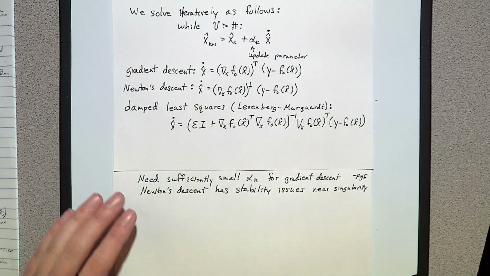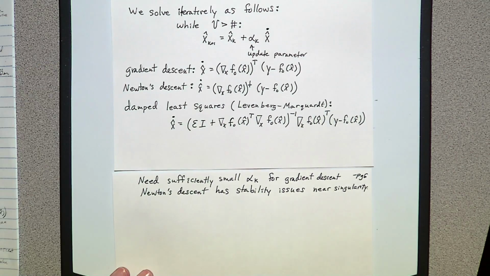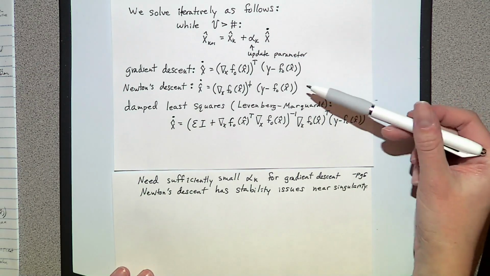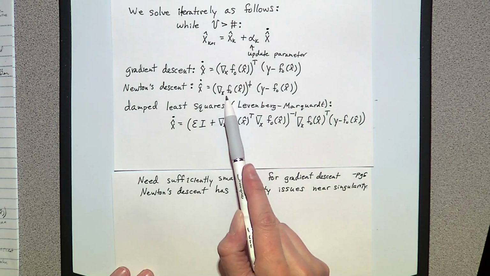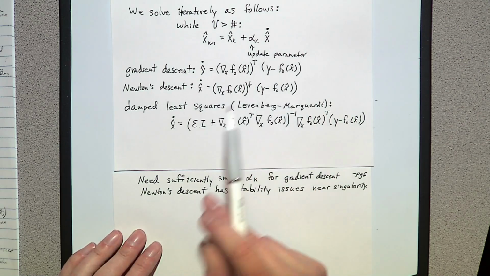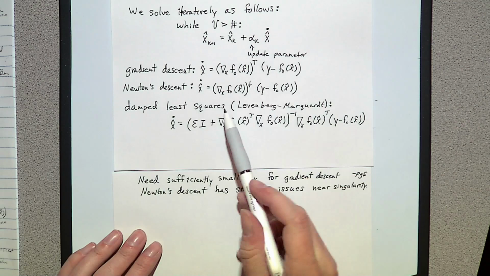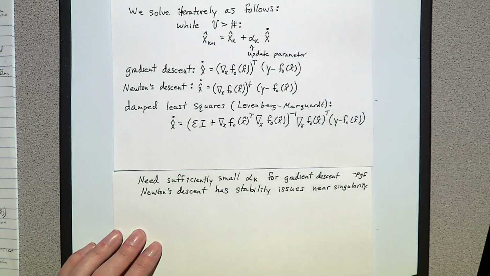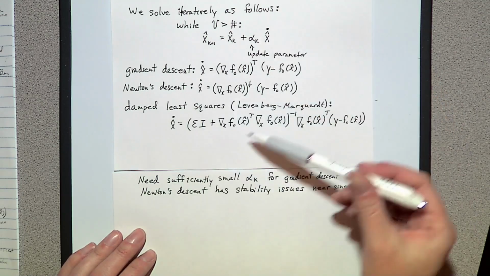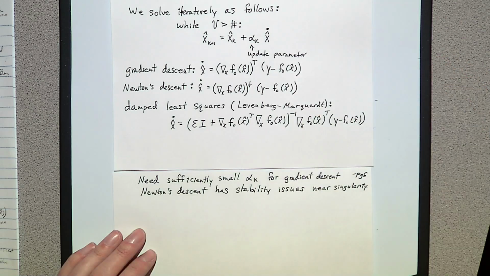Why we would like Newton's descent is because that would be our best approximation in the least squares sense. But when we get close to a singularity, so when this starts to become singular, so the inverse comes closer to not existing, then this can blow up into really high numbers. As this goes up, you have to really decrease your alpha k. We want alpha k to be sufficiently large that we have fast enough convergence, but it also has to be pretty limited because of issues with each of these methods.